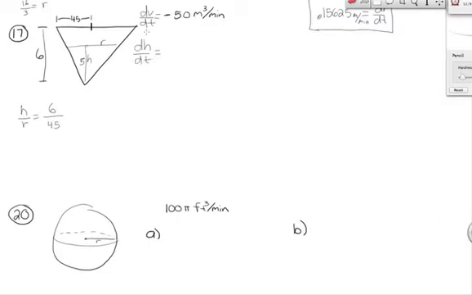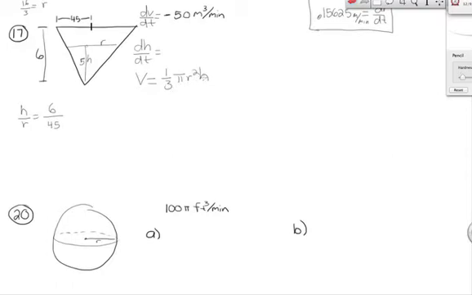So we need a way to relate volume and height, and obviously that's going to include the volume of a cone, 1/3 pi r squared h. If I take the derivative right now, I'm going to get a dr/dt and a dh/dt, and I don't have enough information to answer that question.